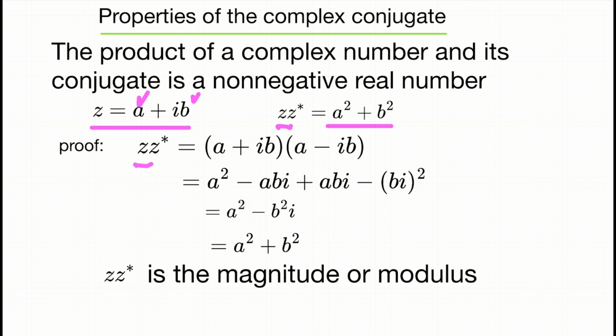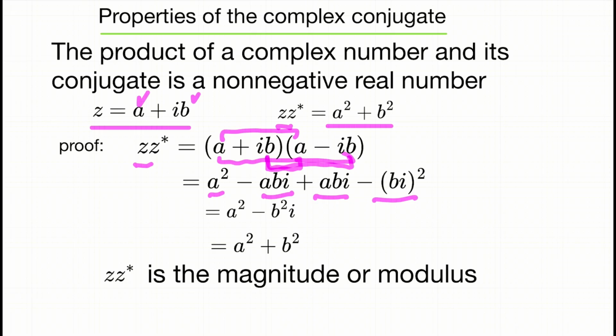We're going to multiply these together using the FOIL method. So we've got first, which is a squared, outer, minus abi, inner is abi, and then last, these last two, that's minus b squared i squared.